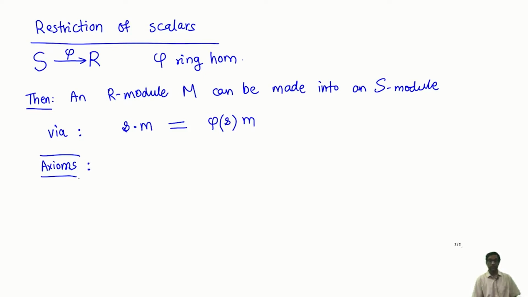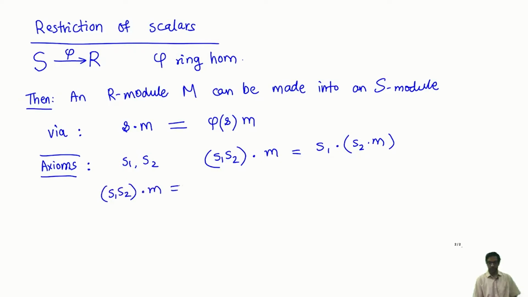So for example, if I take two scalars s1 and s2 and look at their product s1 s2, then s1 s2 acting on m must give me the same answer as s1 acting on s2 acting on m, right? So this is one of the axioms. Let's check that this is true. We start with the left hand side, s1 s2 acting on m.